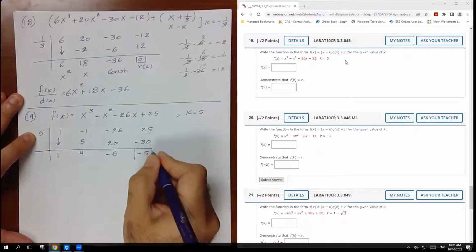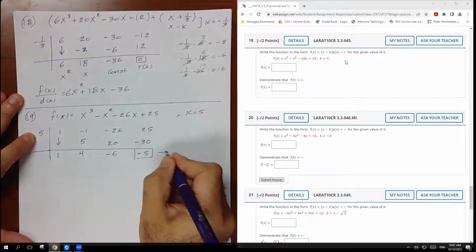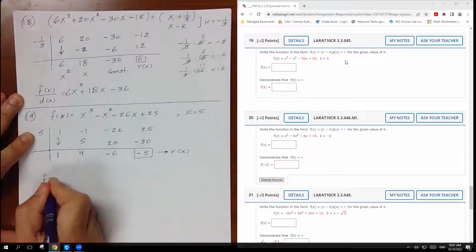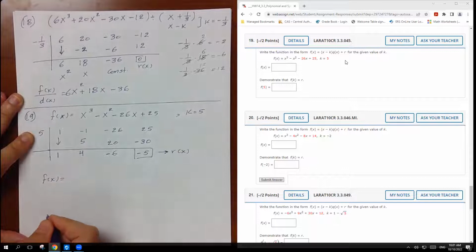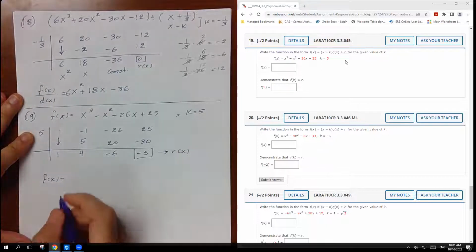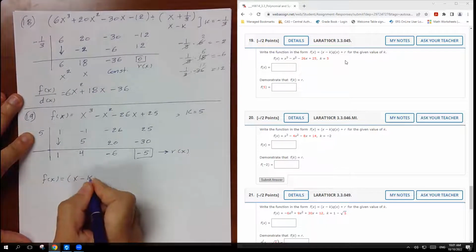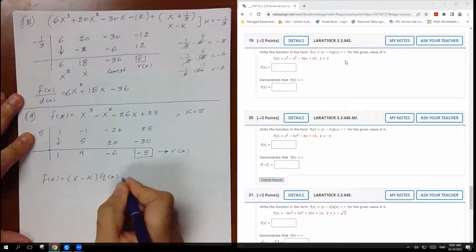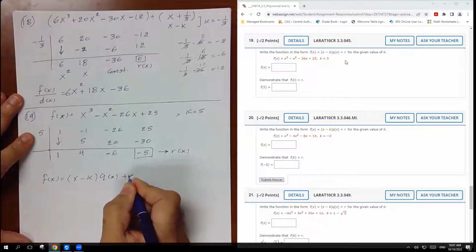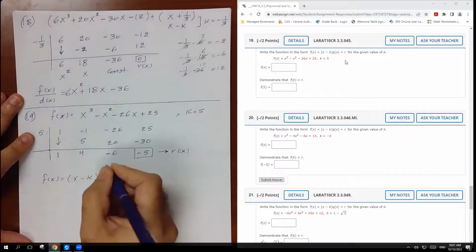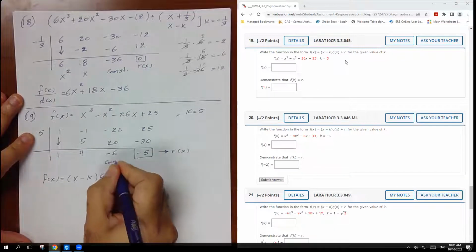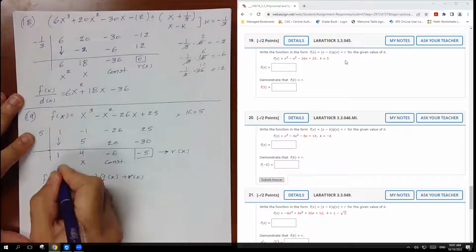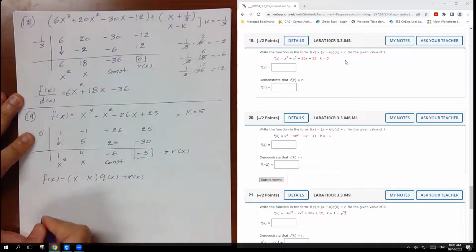So here is the remainder, which is r of x. They're telling you to write f of x equal to x minus k times q of x plus r of x. This is the constant, this is for the x, and this is for x squared.